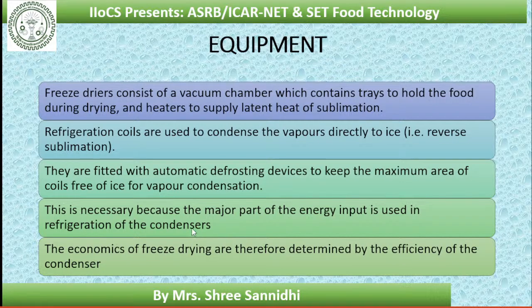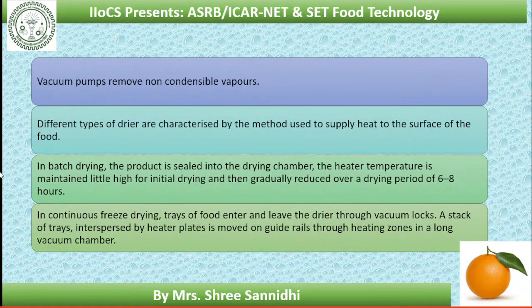That's why the condensers are frequently defrosted. The economics of freeze drying are therefore determined by the efficiency of the condenser. After that we'll see the vacuum pumps. These remove the non-condensable vapors. The vapors which are not condensed in the condenser are removed by vacuum pumps.